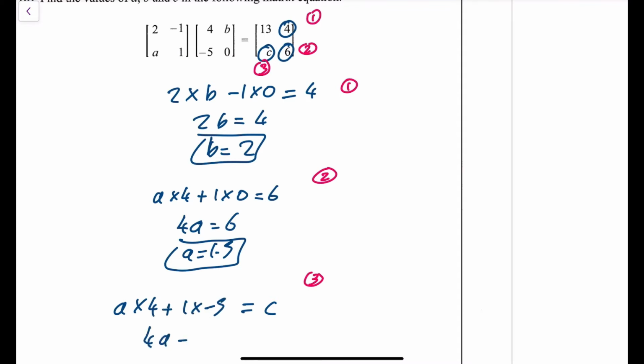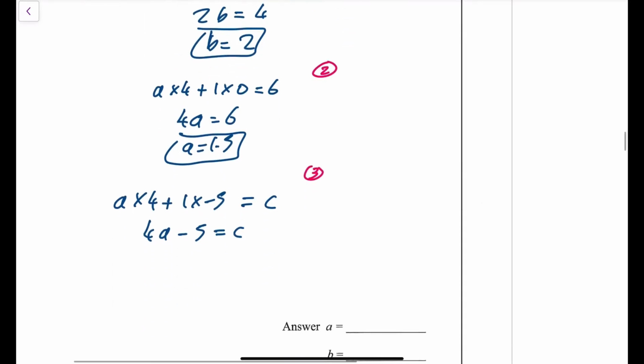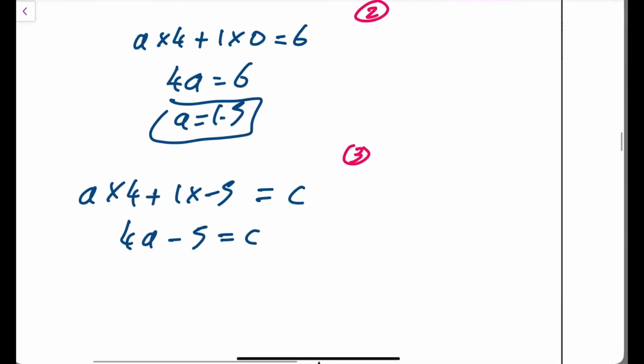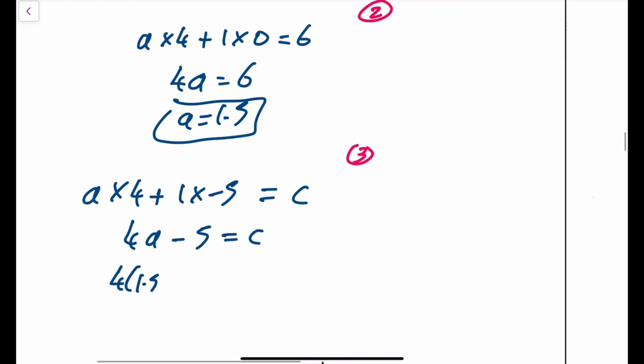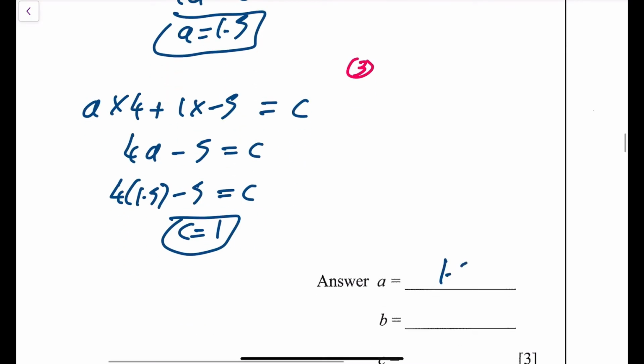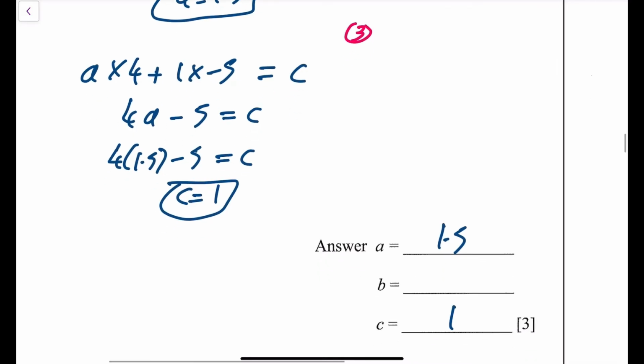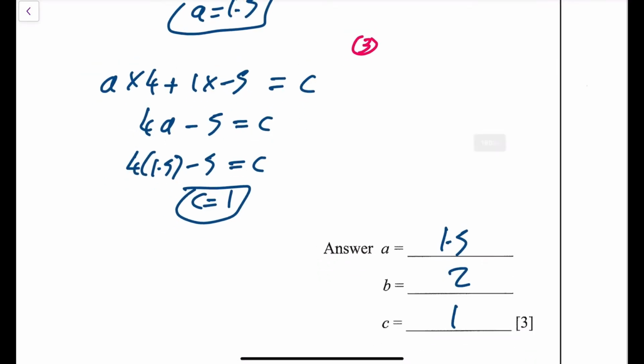So 4a minus 5 is equal to c. And we know our a was 1.5. 4 times 1.5 minus 5 is equal to c. 4 times 1.5 is 6. Minus 5 then, my c is equal to 1. So you've got a is equal to 1.5, c is equal to 1, and b was equal to 2. That's your answer.